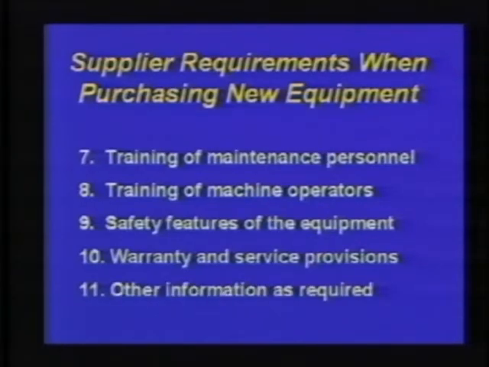Item 11, other information. Let's address some other information right now before we move to page number 10. How about the spare parts stocking program for the vendor? I think that would be important.